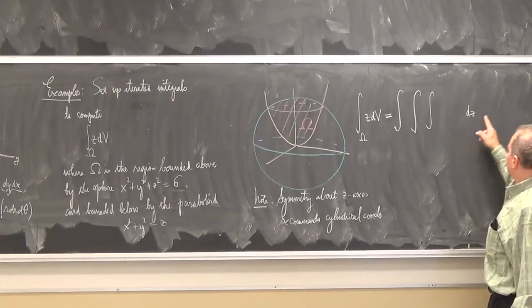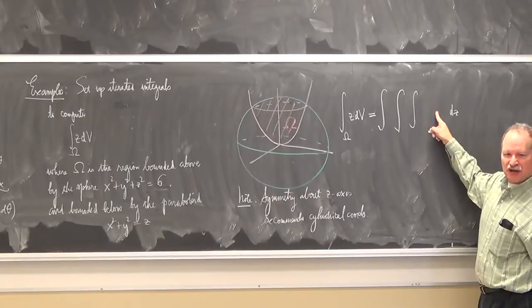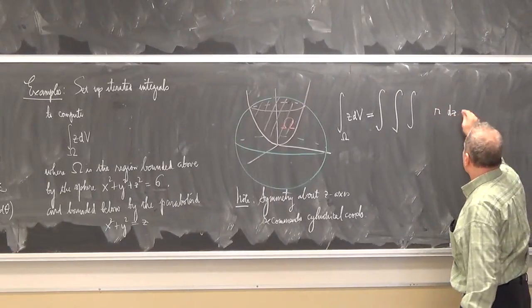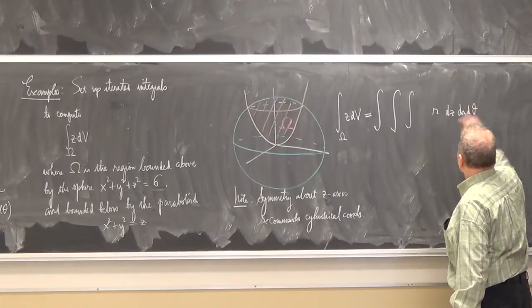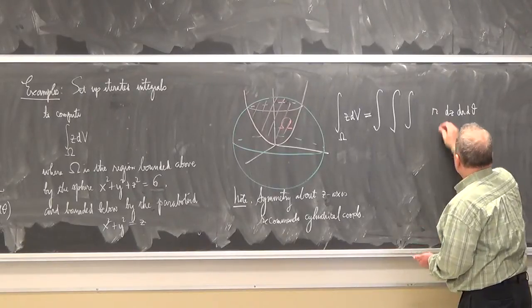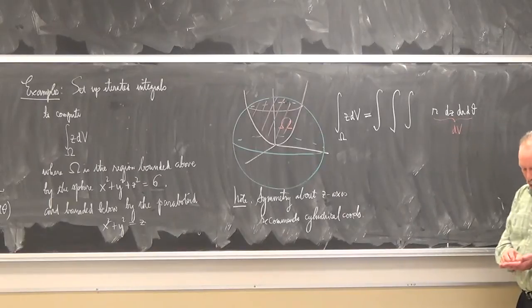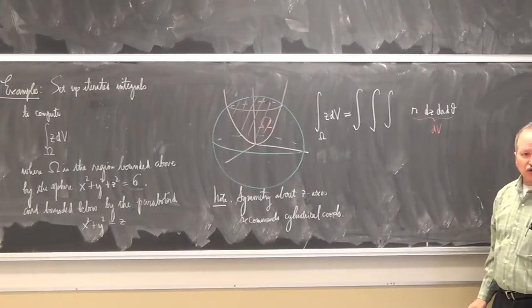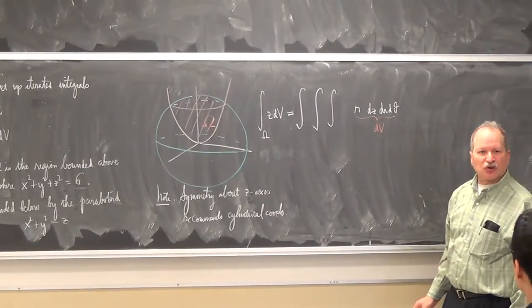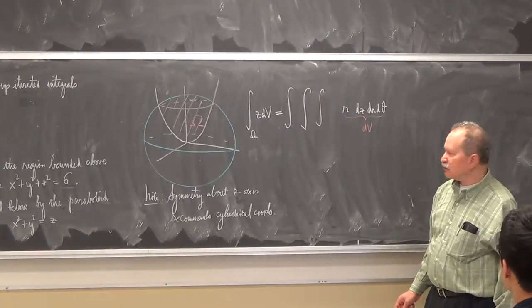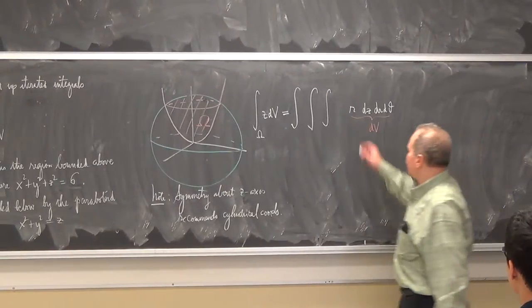Do you want us to keep the r here, or probably we should move it out in front with the function, right? So let's put the r there. So this part is our dV. What's the function in cylindrical coordinates? Z. Didn't have to change that.